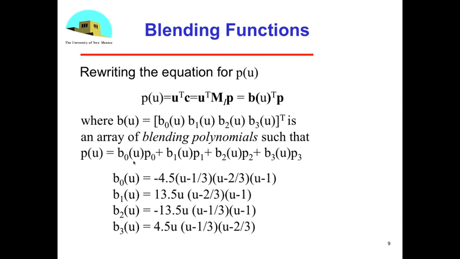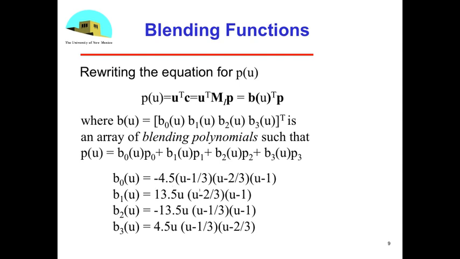So what are these polynomials? Well, if you multiply U transpose times M, you get these four polynomials that really describe the behavior. And notice that these are correct, because at U equals 0, B1, B2, B3 have to be 0 because they have a U in front, and therefore this will give me just the data point P0.